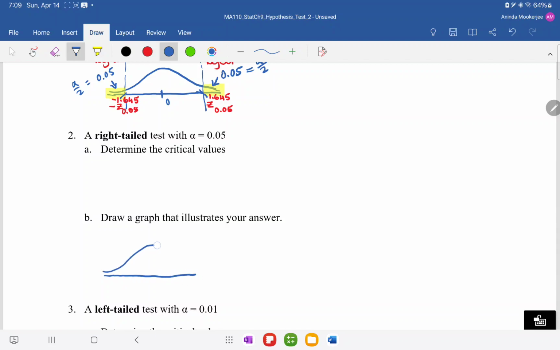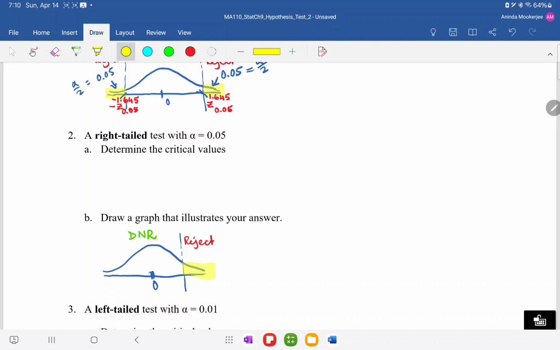So we have here our normal curve with the null hypothesis mean here. And it says it's a right-tailed test. That means the reject region is going to be on the right-hand side, correct? The reject region is going to be on the right. And this is the DNR, the do not reject region. The area corresponding to the reject region is here, the area under the curve that corresponds to the reject region.